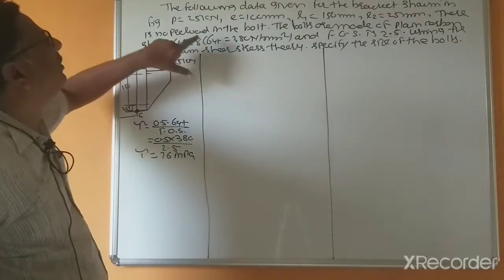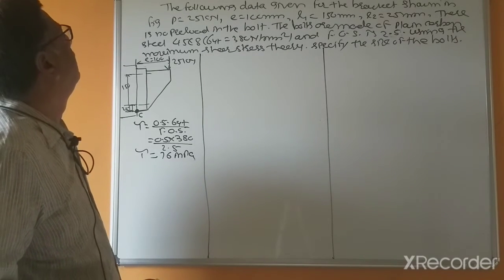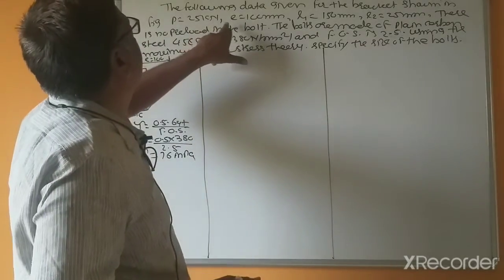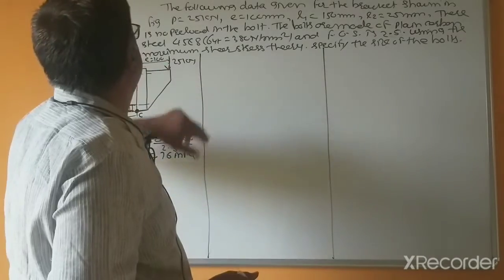Now, what is given? There is the following data given for the bracket shown in the figure. 25 kilonewton, C equal to, size the bolt.